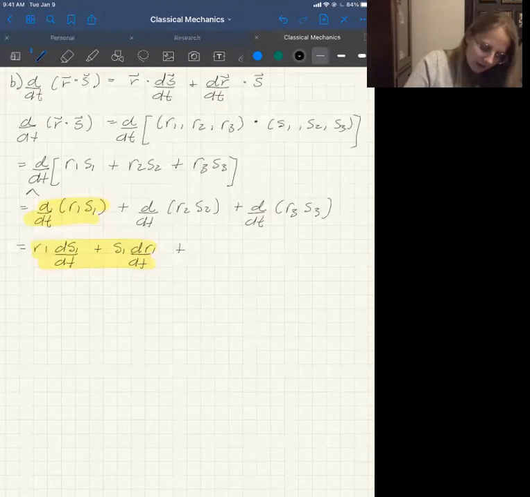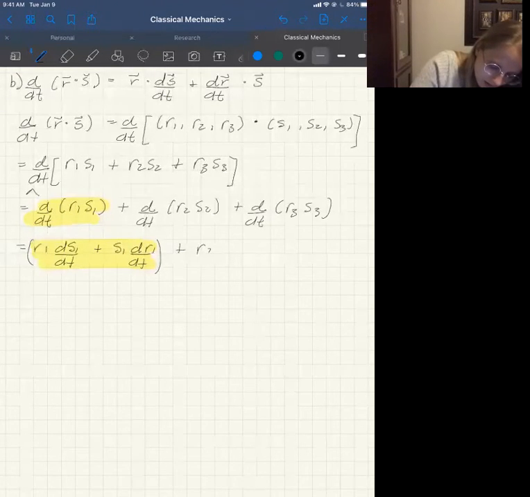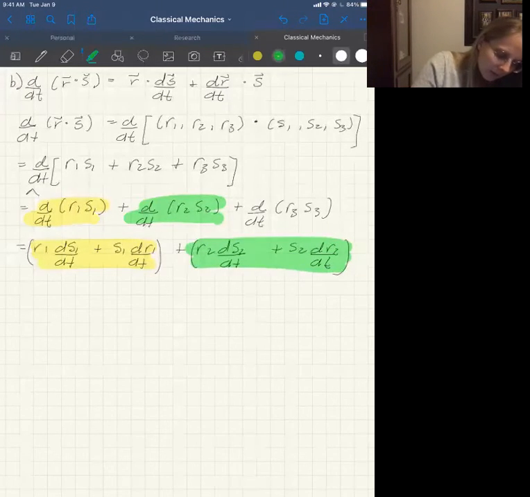Then I'm going to add to that the second term, which you do a similar expansion for: R2 times the derivative of S2 plus S2 times the derivative of R2. That is simply this term with the product rule applied.